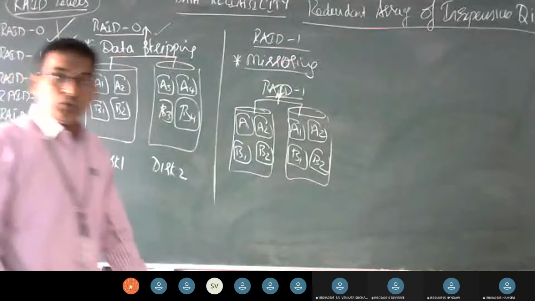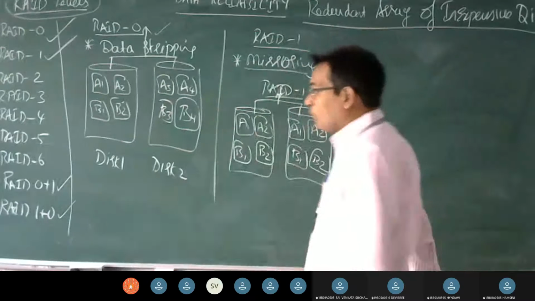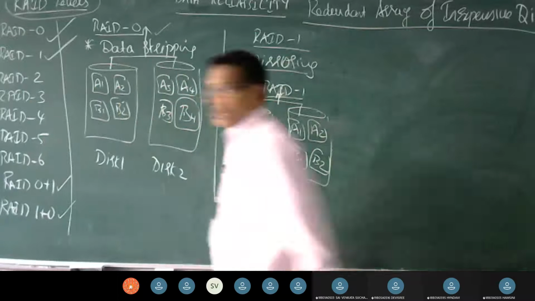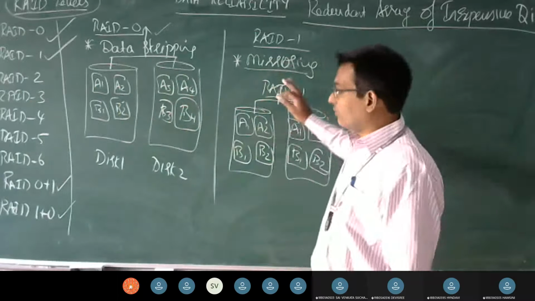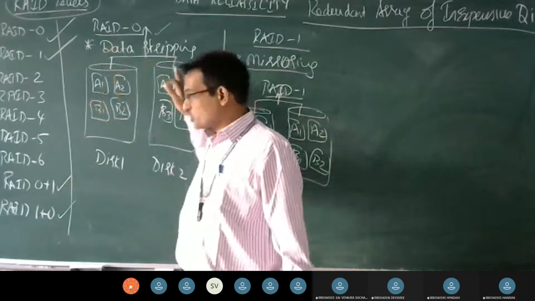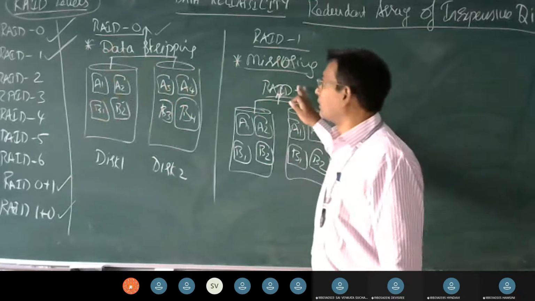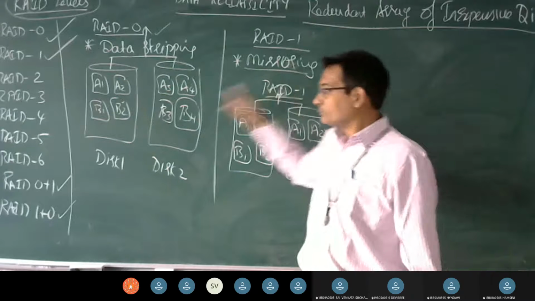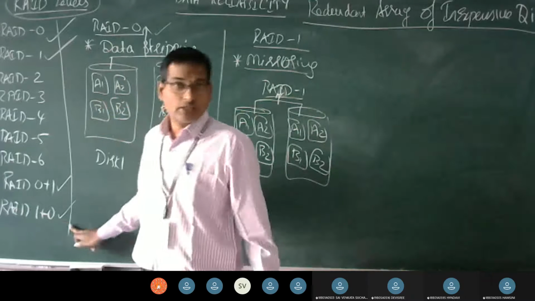So now you should have a glimpse. How does RAID 0 plus 1 work? RAID 0 plus 1 is a combination of striping and mirroring. But what is RAID 1 plus 0?